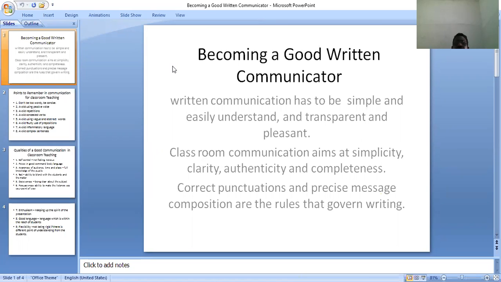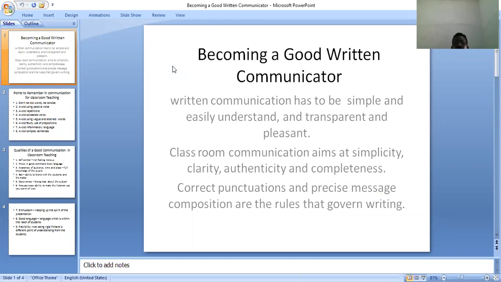Suppose during COVID, instructions are written. If those instructions are not simple, cannot be understood properly, and are not transparent or pleasant, we cannot follow. Assimilation is important. The language must be simple, understood by everyone, transparent and pleasant.